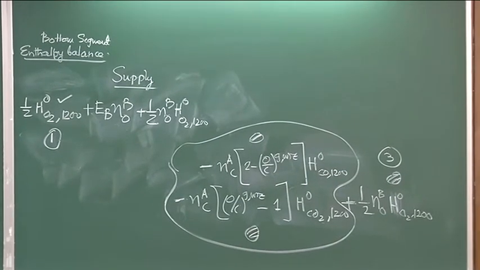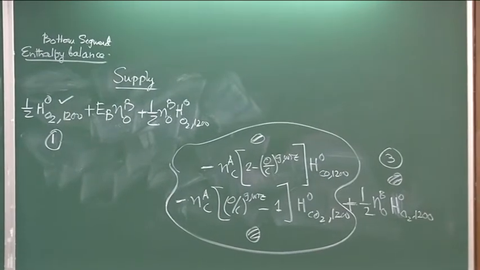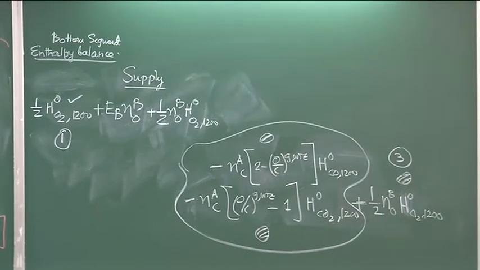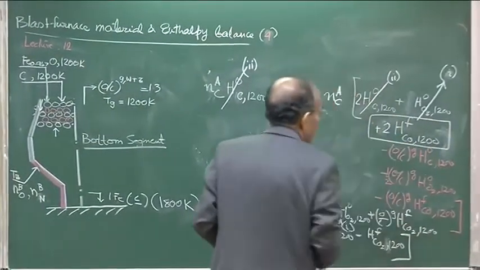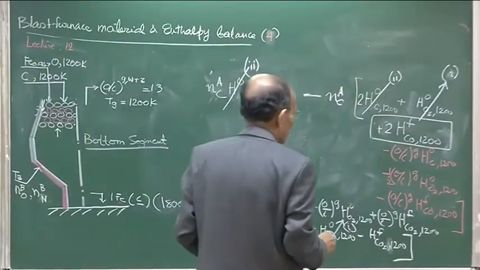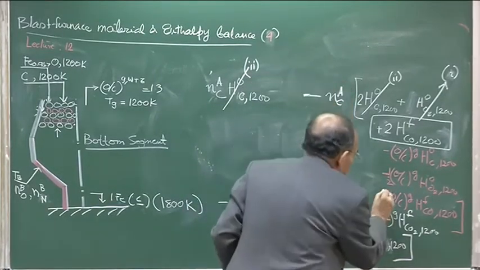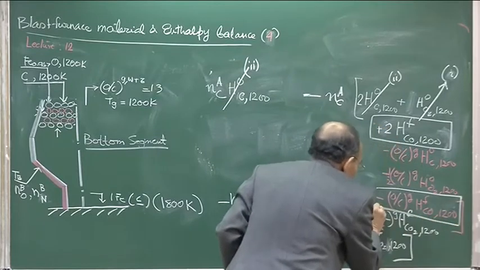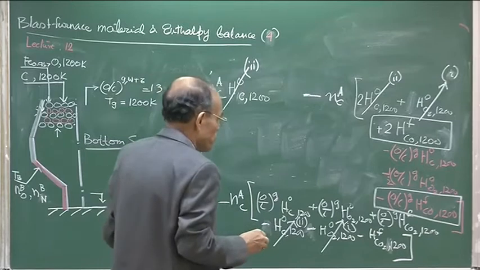So, now we have, as you can see here, the heat of formation terms NSE. Okay, these are my heat of formation terms, and there are 4 heat of formation terms. One is this, the second is this. In every expression there are 4 such terms.